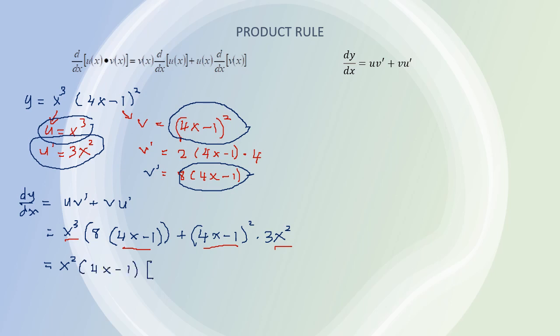So the rest of the function is 8x plus 3 times 4x minus 1. So we get our answer is x squared times 4x minus 1. This one we can simplify. 8x plus 12x is 20x minus 3.